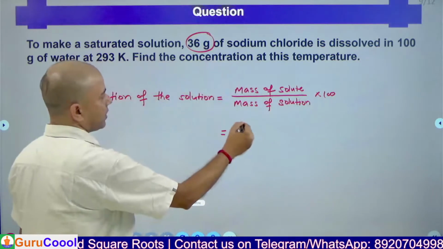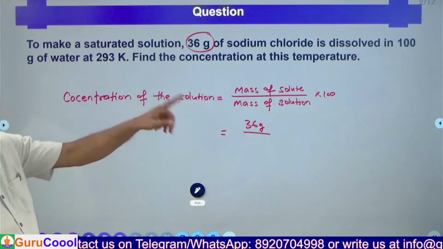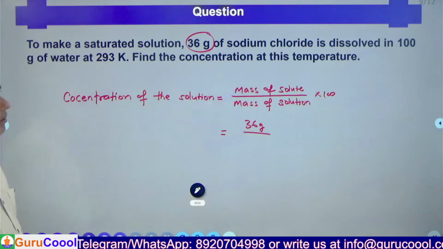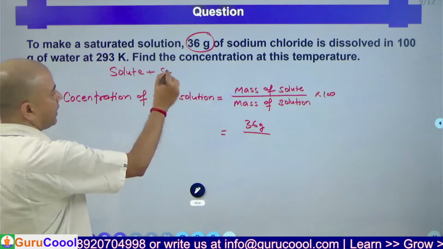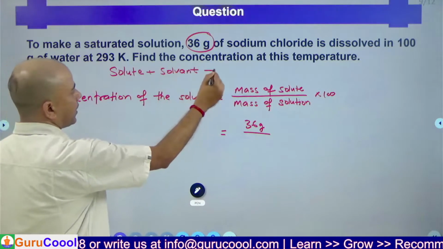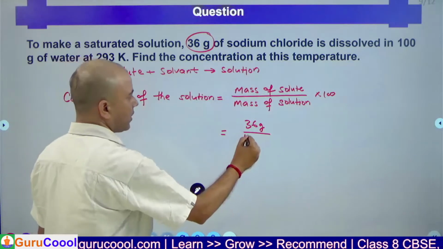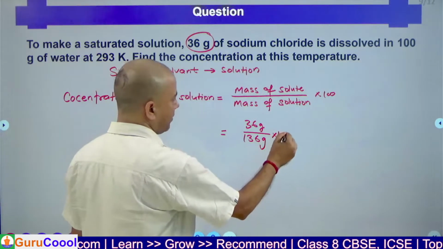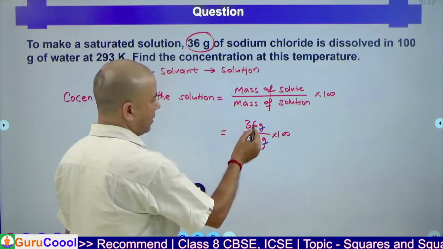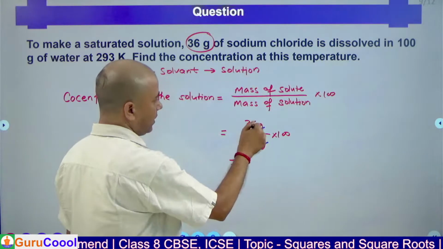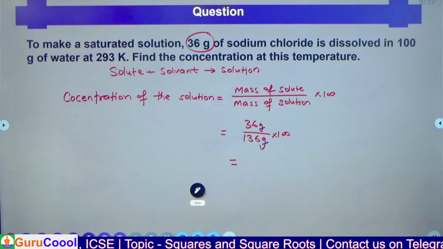Mass of solute is 36 gram, and mass of solution, solute plus solvent gives solution. So it's 136 gram. Now multiply with 100 and you will get the answer. Gram cancels with gram, and let us see how many times we can cancel it. 36 divided by 136.